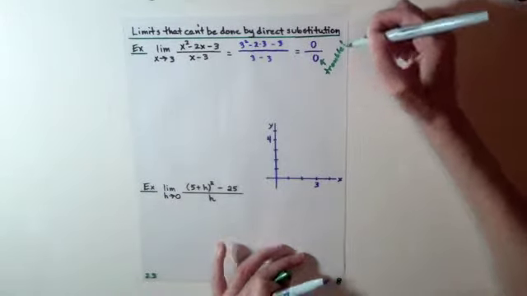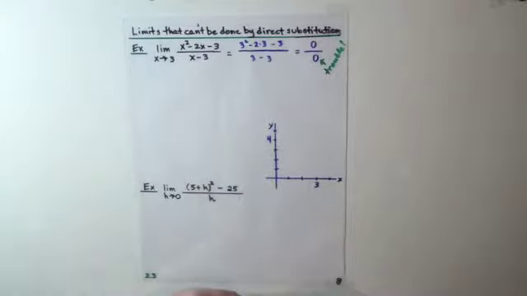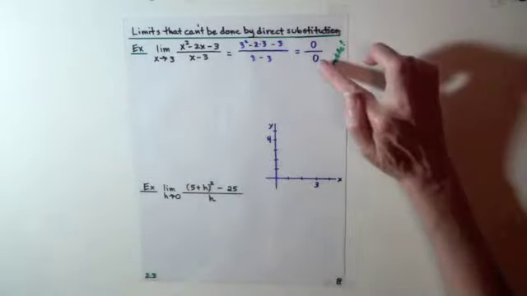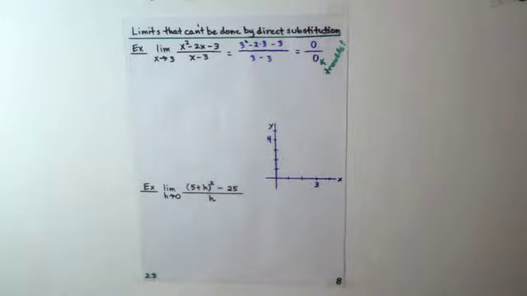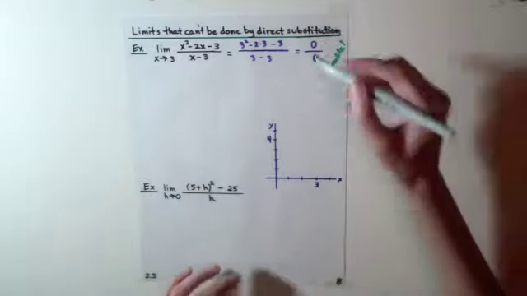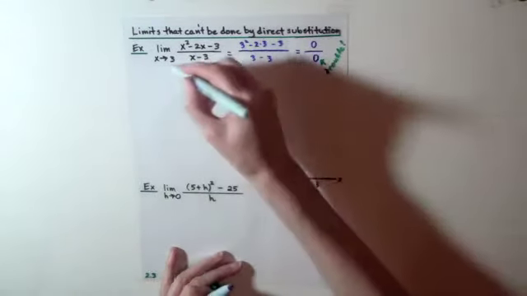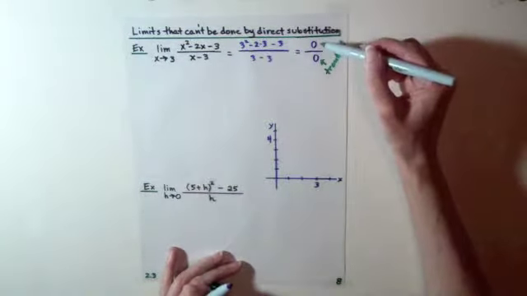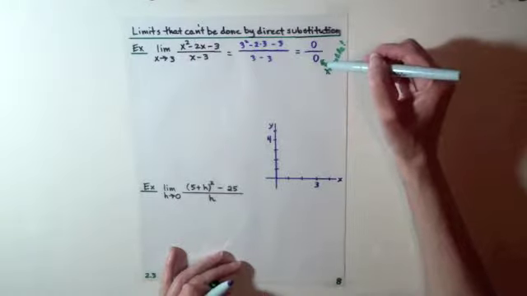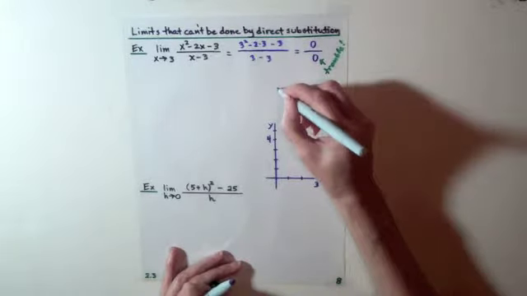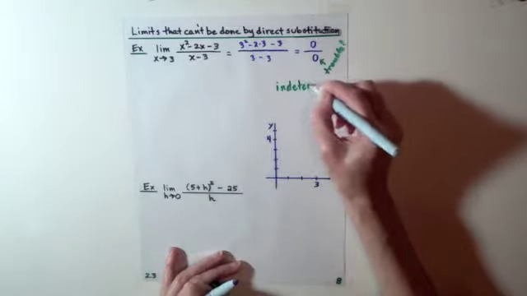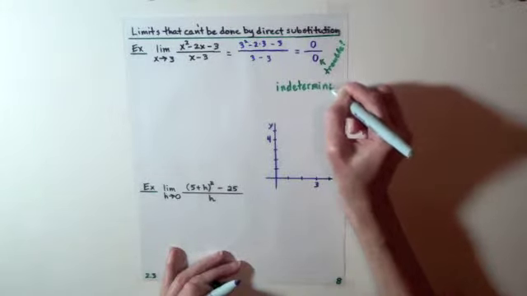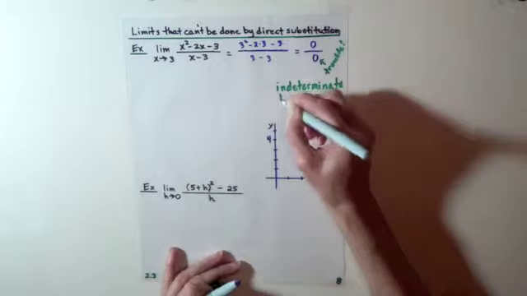And why is it trouble? Because we already said that the only way we can use direct substitution is if the denominator, our q of a, doesn't turn out to be 0, and in this case it does. This particular expression, 0 over 0, when we try to find the limit and we see that the top is going to 0 and the bottom is going to 0, is what is referred to as an indeterminate limit.